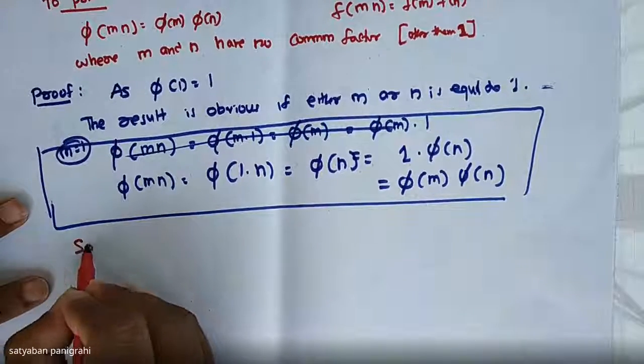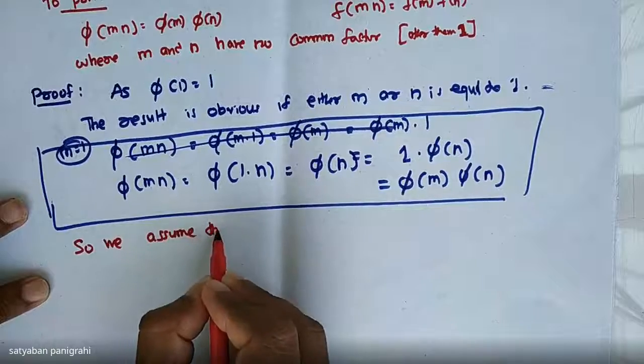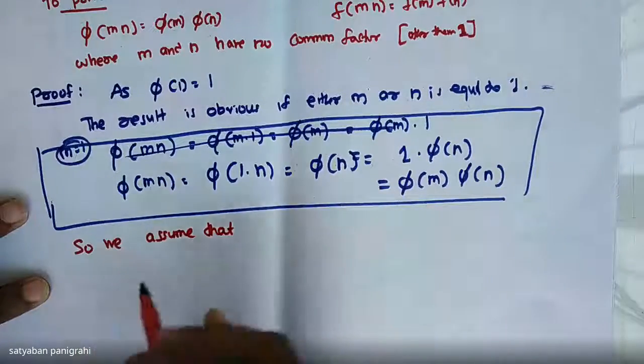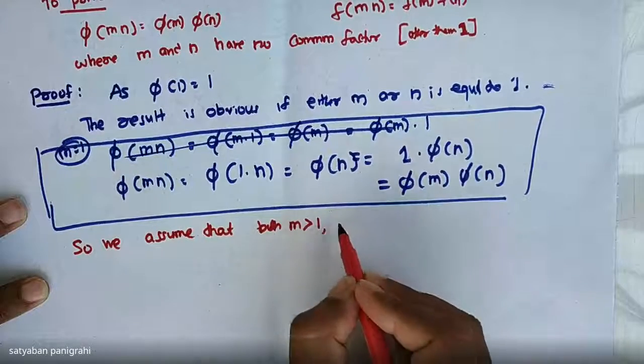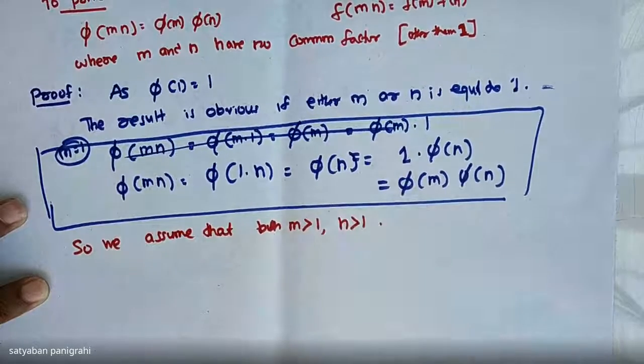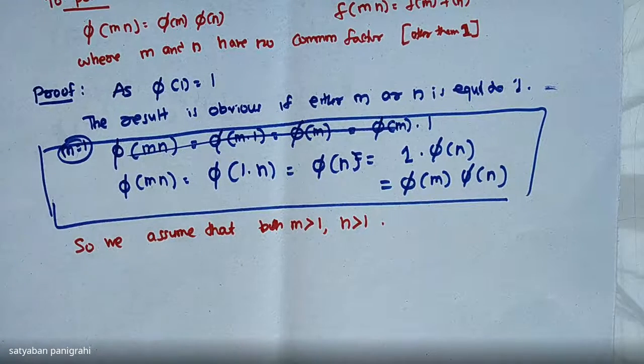we assume that both m and n are greater than or equal to 1. Now what we are assuming? We are assuming that m and n both are greater than 1. Now what we do?